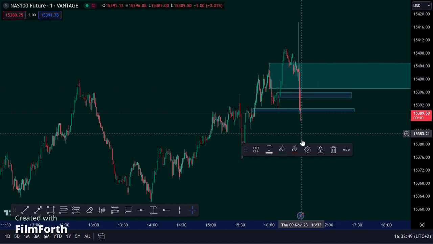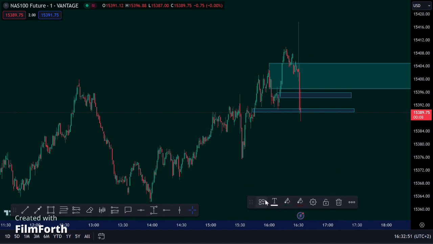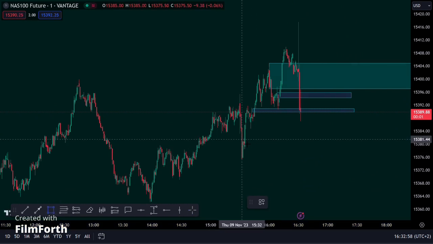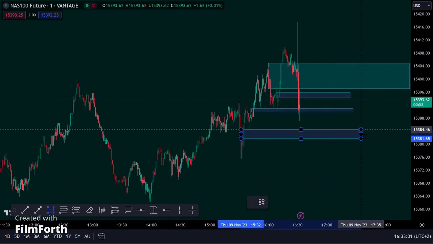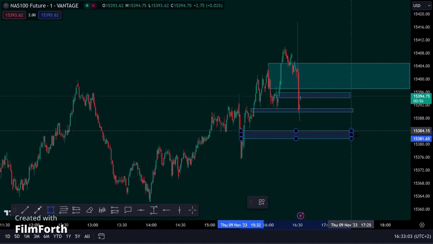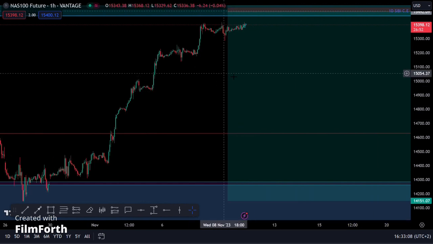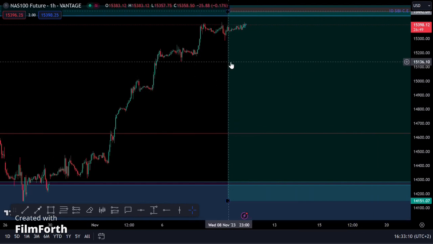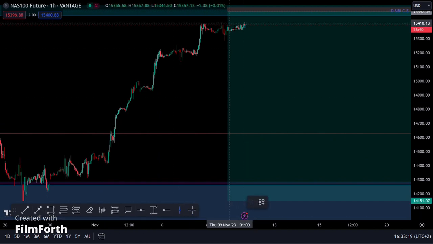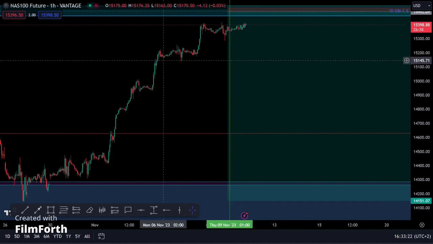Okay, you know what, let me do something. Do this, right? After I do this, let me go to the 1 hour chart. Where did the market open today? Okay, the market opened here on this candle. Then where was the true open of this candle?